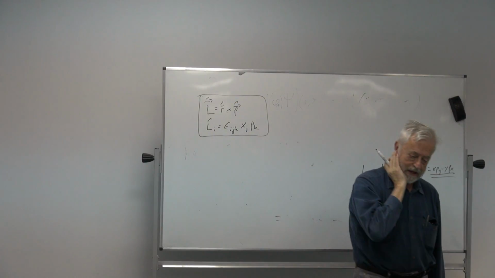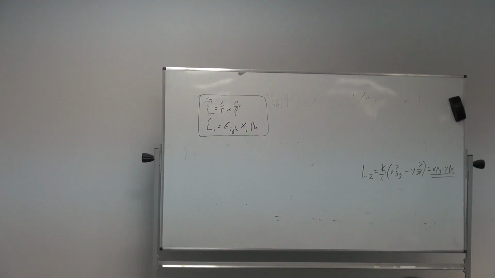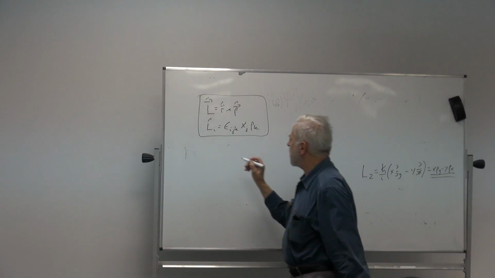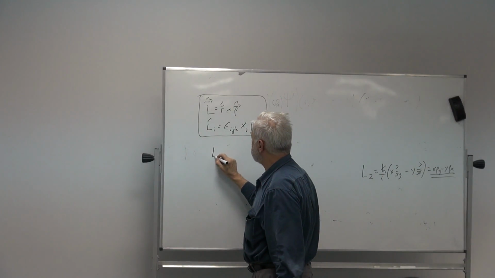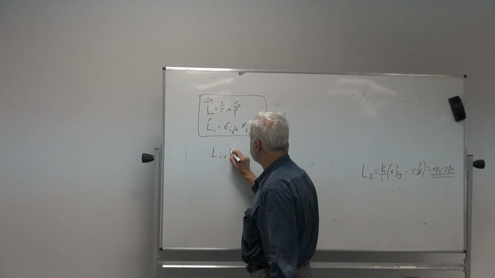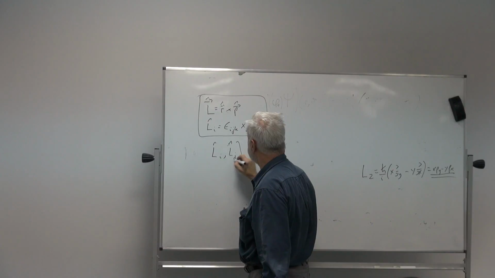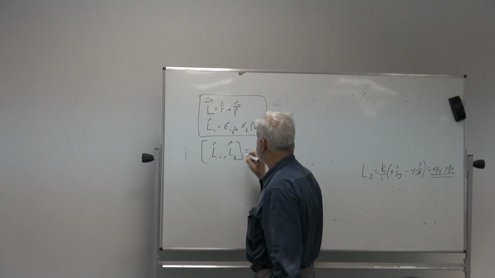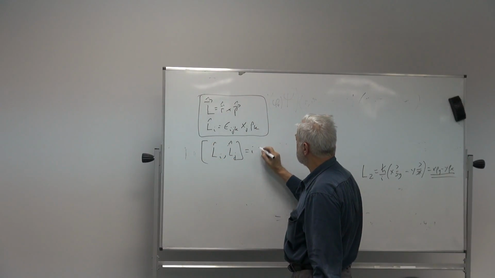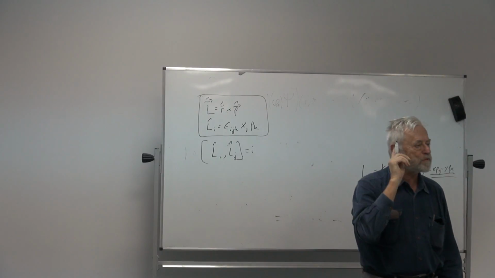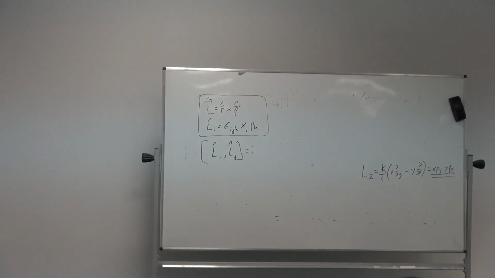Now, once we have these angular momentum operators, then it is very important to check, and it's easy to check, that they obey a very simple commutation relation. Yes. This is i. I always pops up if we commute two Hermitian operators, as I was explaining last week. Yes.